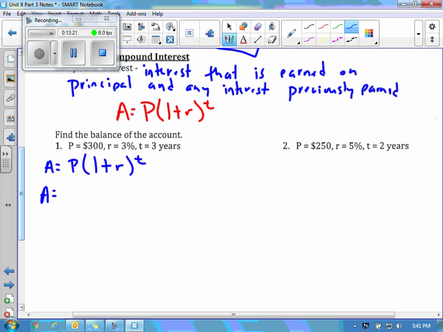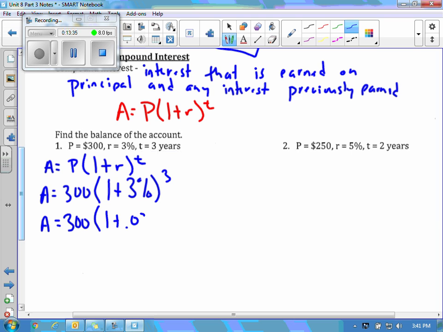So my principal is 300. R is 3%, and T is 3 years. Now, remember, I can't do any work with percent, so I have to turn it into a decimal. So that's 1 plus 0.03, and then I can actually add that together. So I'll get 1.03 to the third.